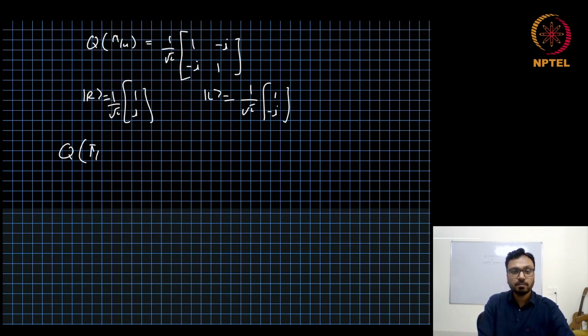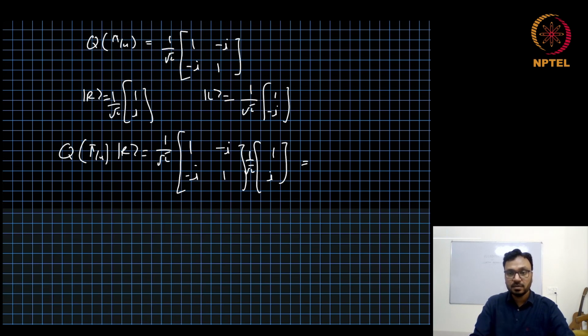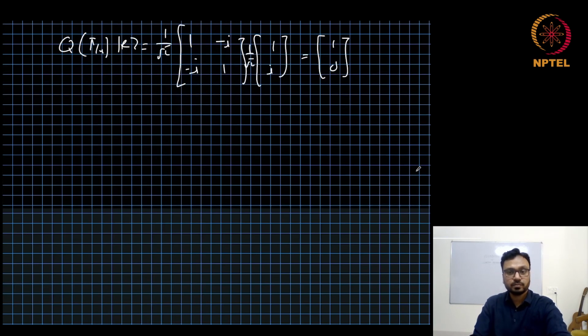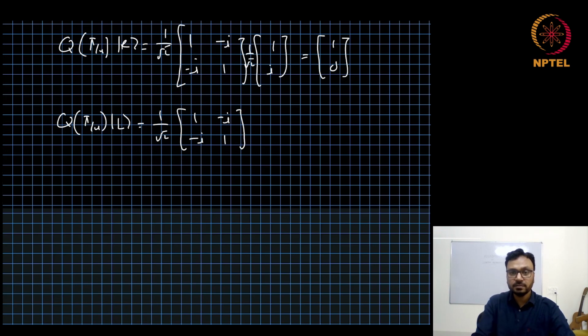So Q pi over 4 acting on R will be (1, 0), and Q pi by 4 acting on L is nothing but (0, 1). That is horizontally polarized light, and that is vertically polarized.